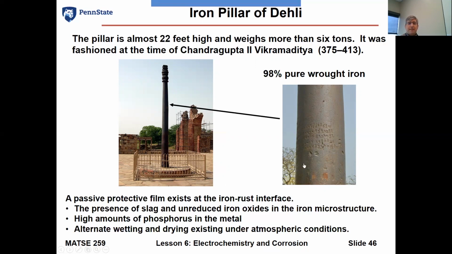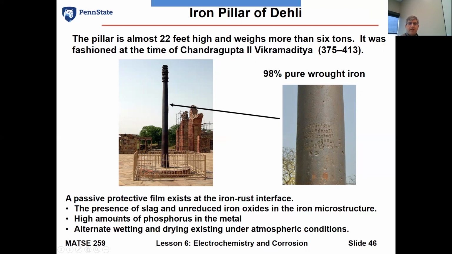When they processed the wrought iron, they ended up with a lot of other types of oxides and phosphorus in the metal. And what happened is during a monsoon season or a dry season, you had this alternate wetting and drying. When conditions had a lot of moisture in the air, a thick, rather passive film formed over the pillar.